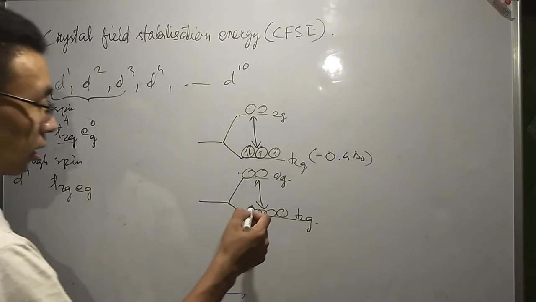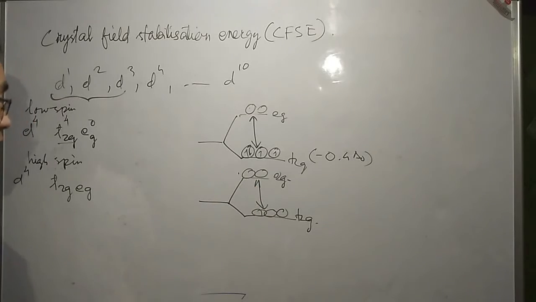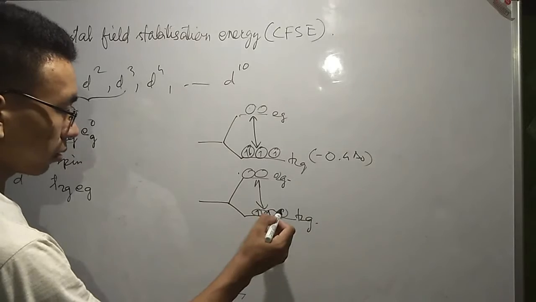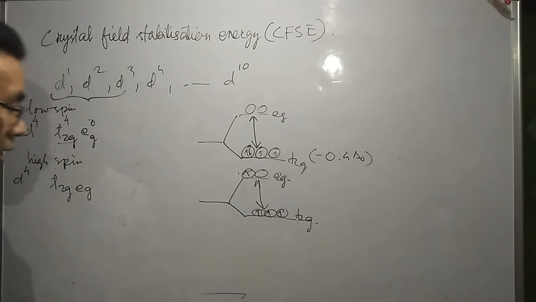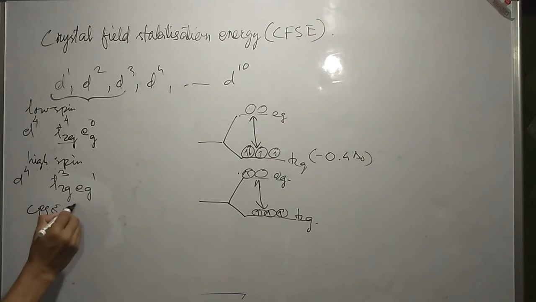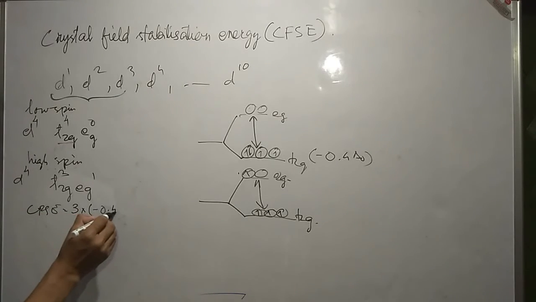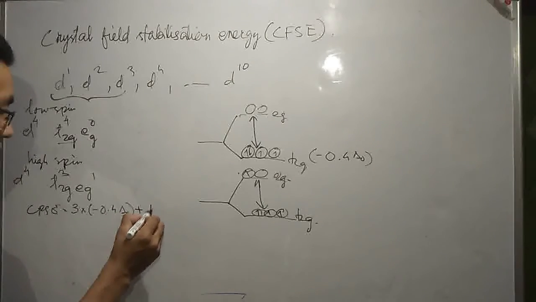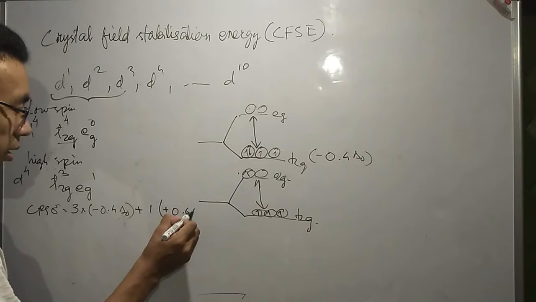Therefore the electrons can be filled even in the Eg set of orbitals. So 3 electrons are filled singly, and then here will be the 4th electron. So in the T2g set of orbitals 3 electrons are there, in Eg there is 1. Now the CFSE is equal to 3 into minus 0.4 delta naught, plus 1 into plus 0.6 delta naught.